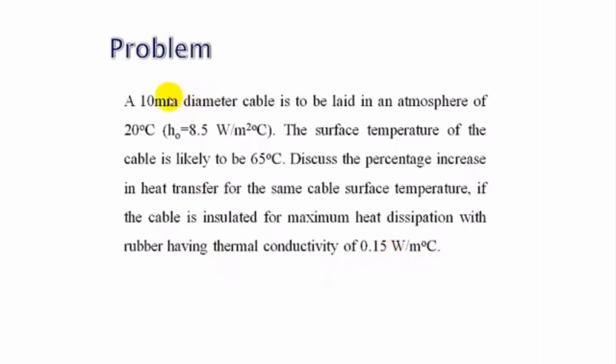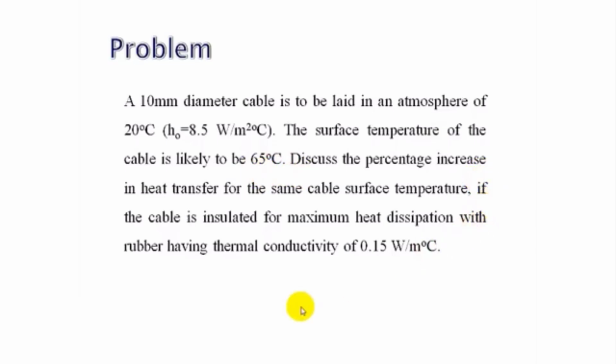So you have a 10 mm diameter, very small diameter cable, and it has to be laid in an atmosphere of 20 degrees centigrade. So ambient temperature is given, outside heat transfer coefficient is given, and the surface temperature of the cable is given, 65 degrees centigrade.